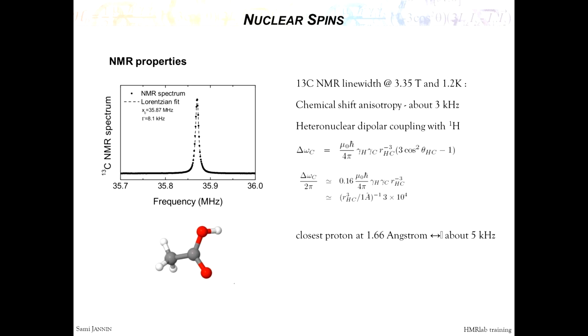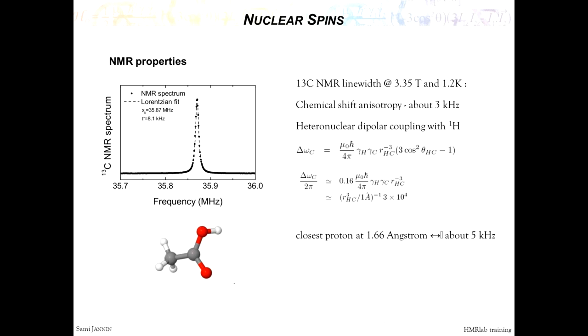The main source of dipolar broadening is the coupling with the protons that are nearby in the solvent and on the molecule. So for acetate we observe a broadening that is typically on the order of 5 to 10 kilohertz, depending on the concentration of protons and on the temperature.